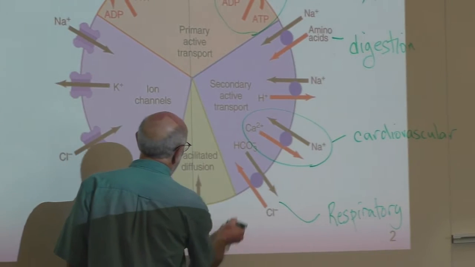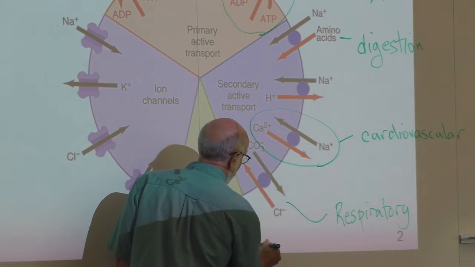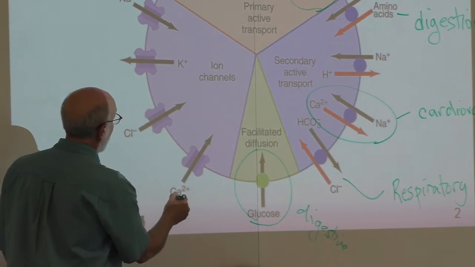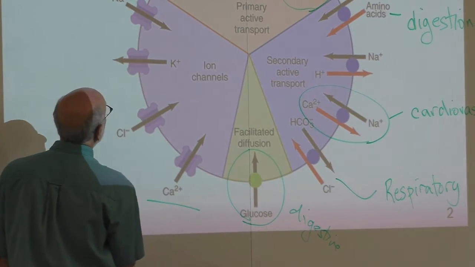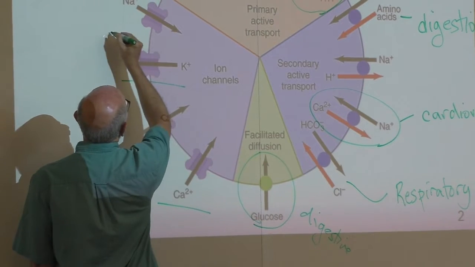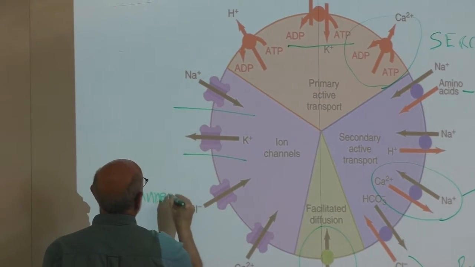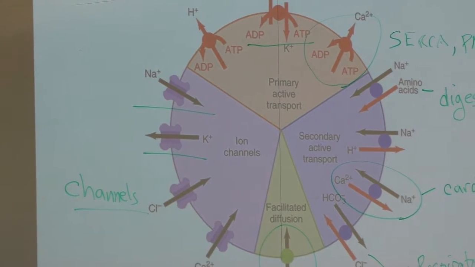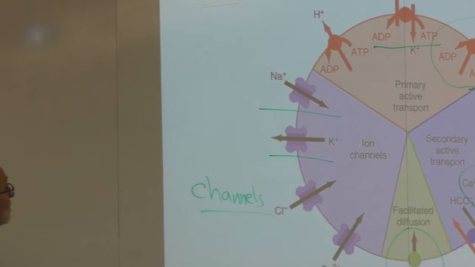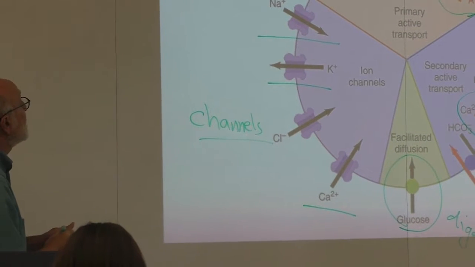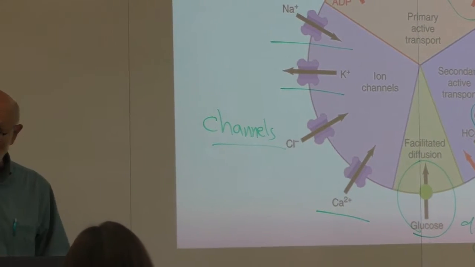Facilitated diffusion of glucose is going to be in the digestive. Calcium channels, potassium channels, and sodium channels are going to be important right now. So this figure from your textbook, which highlights the basic transport systems that we're going to be using in this course, is important throughout the course.